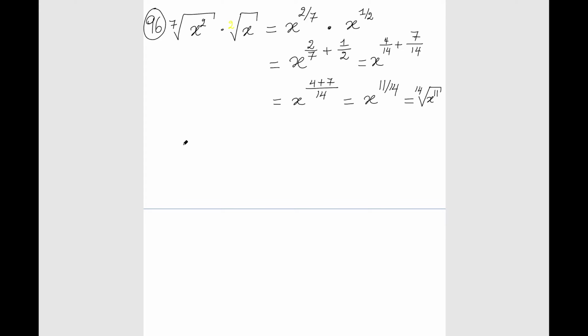Okay. Let's go to 100. I have upstairs the third root of x, and downstairs I have the fourth root of x.